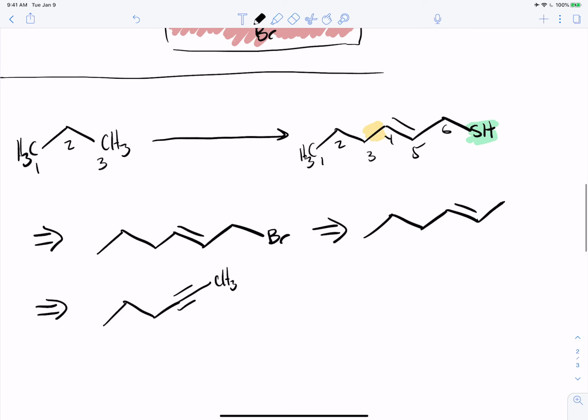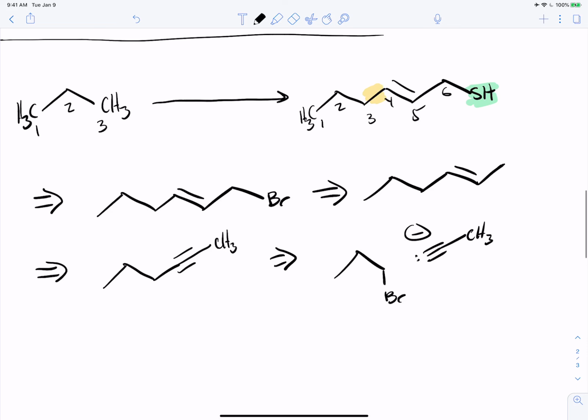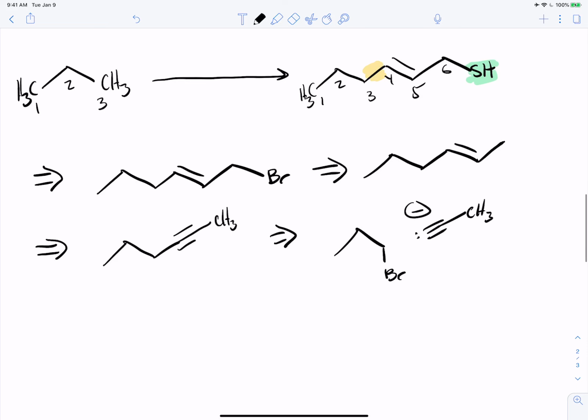Okay, and then from there, we break it into its carbon fragments again. And that'll be an alkyl halide. And so now we see that, again, it's the same problem that we saw before, where we need to make an alkyl halide, and we need to make this deprotonated alkyne.